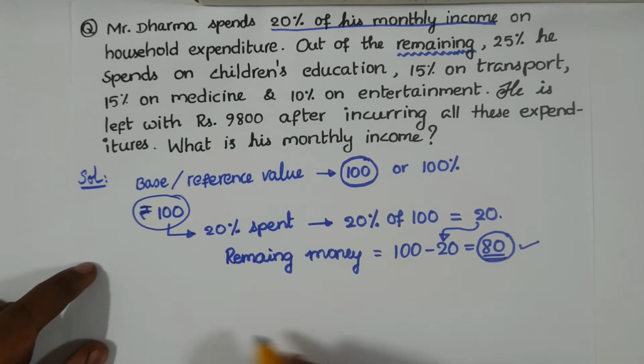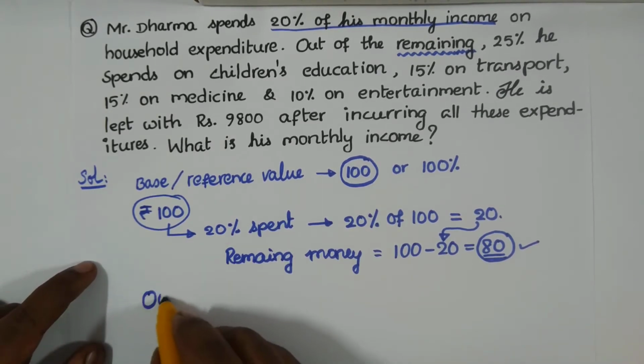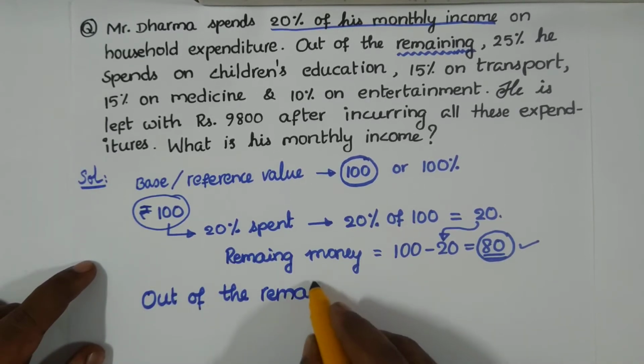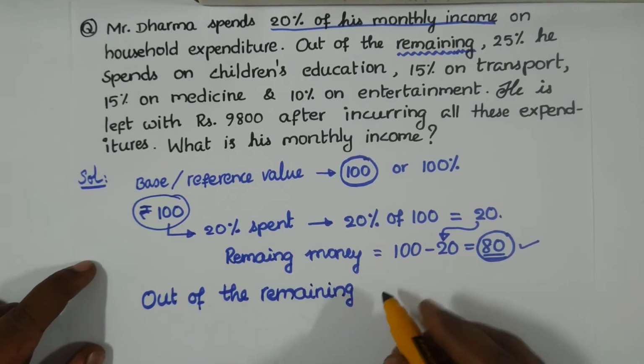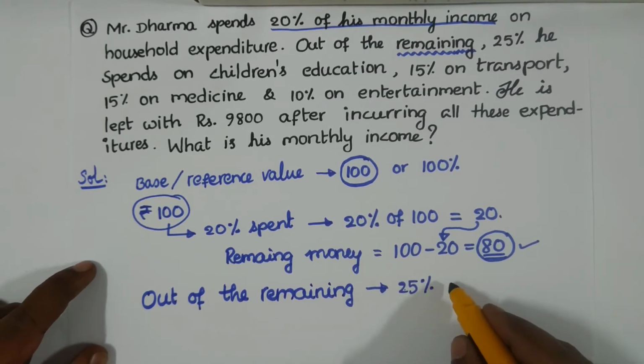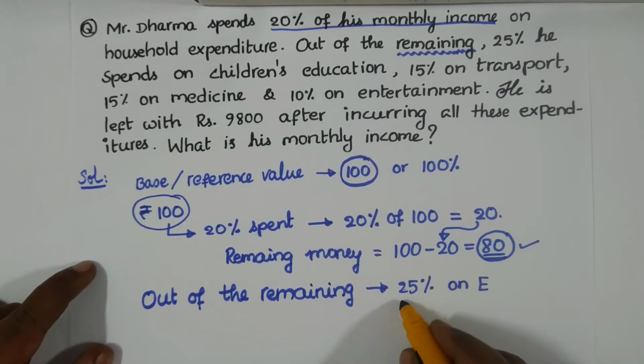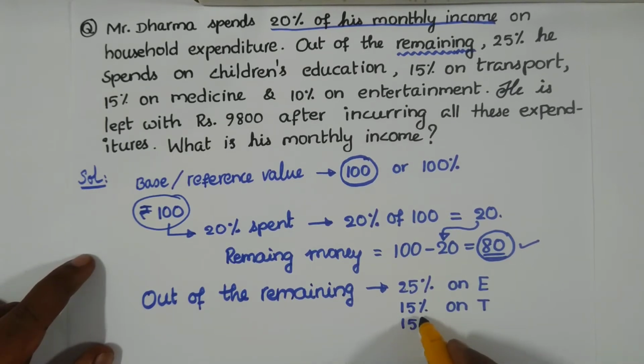So you can write it like this. Out of the remaining, 25% he spent on education, 15% he spends on transport, again 15% on medicine, and lastly 10% on entertainment.